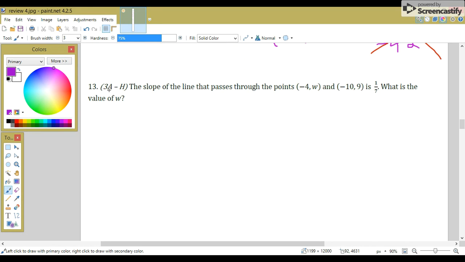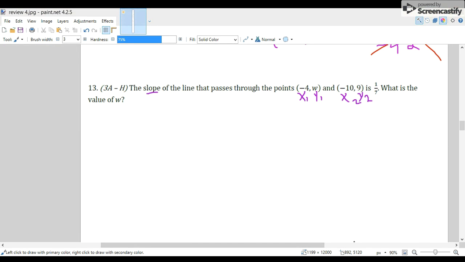Number 13, 3a. The slope of the line that passes through the points (4, -w) and (-10, 9) is 1/7. What is the value of w? So it says slope, so we're going to use the slope formula. So let's label x1, y1, x2, y2, and then recall your formula from before.